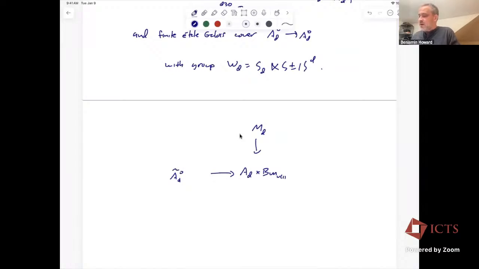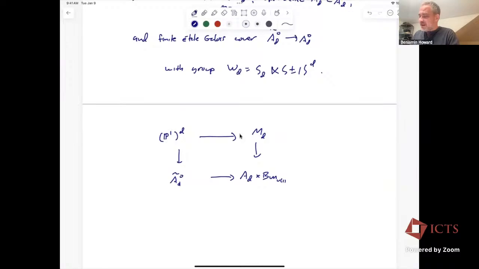Right? So what you get is a D-fold product of P1 bundles. So this is the explicit understanding of the Hitchin fibration that makes everything work.